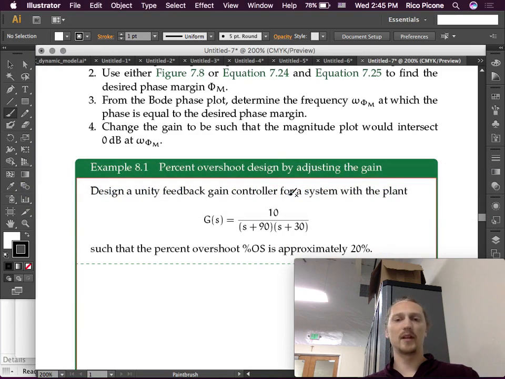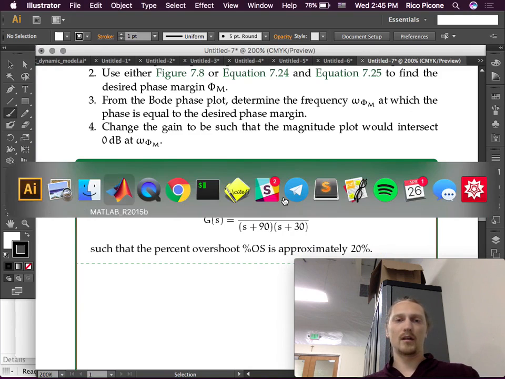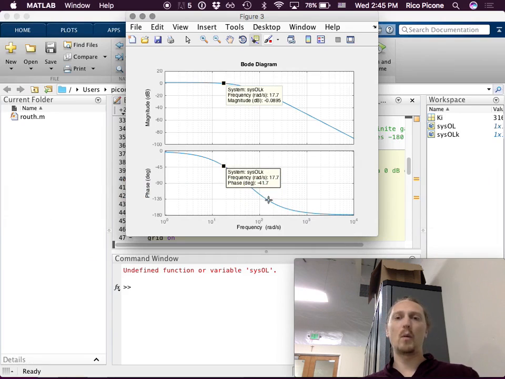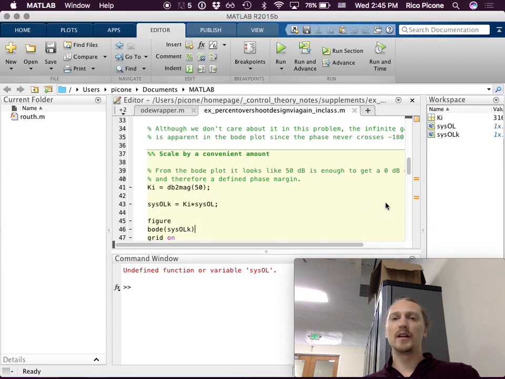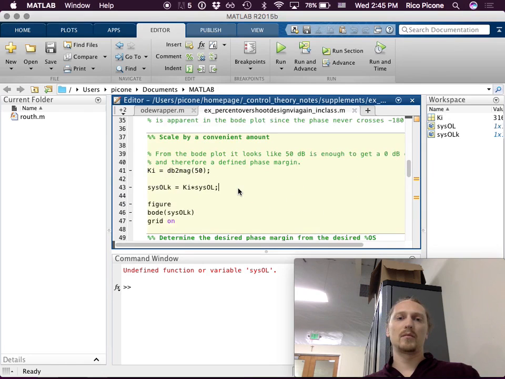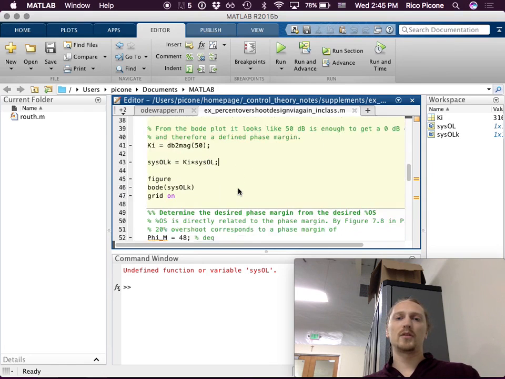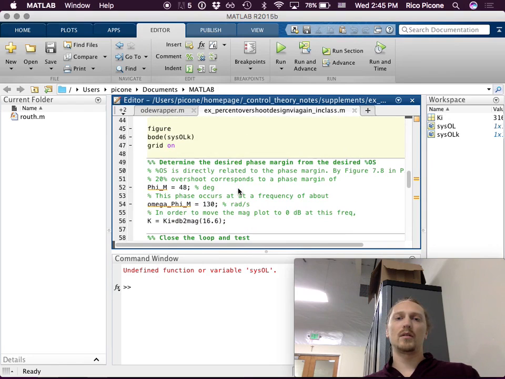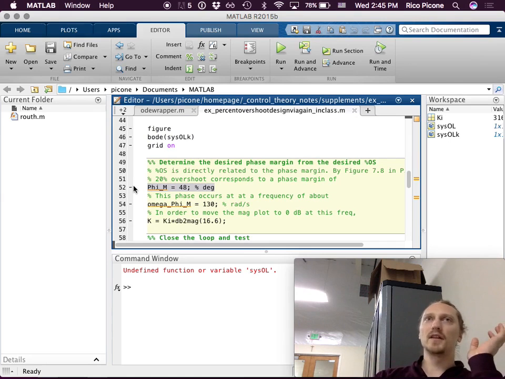That should have been labeled. Okay, so we want it to be 47, 48 degrees. This is what we want, 48 degrees, let's say, a phase margin.